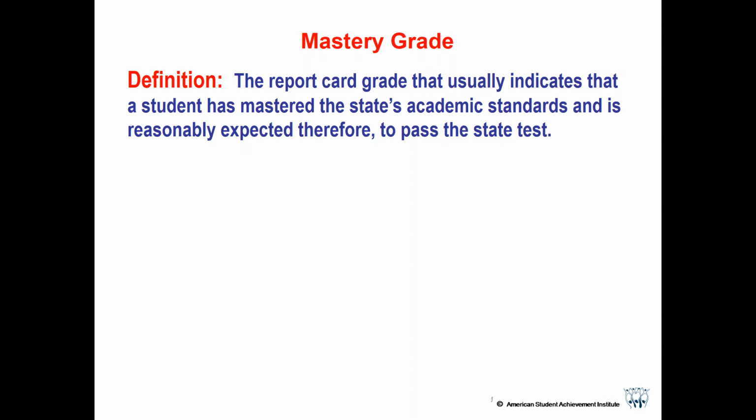So in your school, probably you would think, okay, if a student was getting all A's in their report cards, they'd probably be in math and language arts, they'd probably pass the state test. So an A would be a mastery grade. A B, yeah, in our school, usually kids that get B's end up passing ISTEP and the ECAs, and so B is a mastery grade.